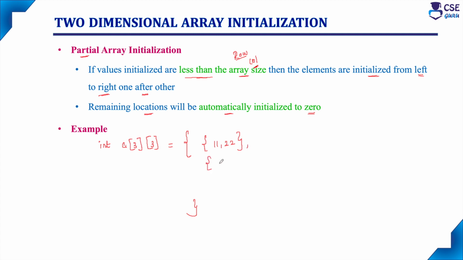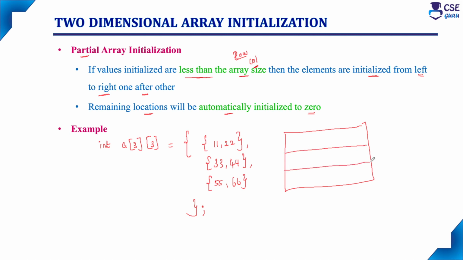Similarly here also, I will specify only 2 elements, and the third row also, only 2 elements. And it should end with a semicolon. How this will be allocated in memory: totally 3 rows and 3 columns will be allocated, the array name is A, and this is the 0, 1, 2 column index, and this is the row index.